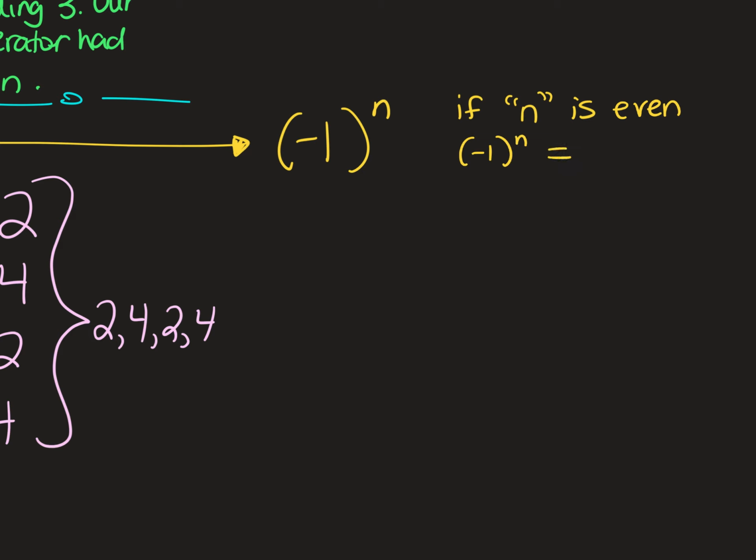If n is like 2, 4, 6, 8, 10, what's it going to be? -1 squared, -1 to the fourth power, -1 to the sixth power. It's always going to be +1, yes. If n is even, we're always going to get +1. But if n is odd, then -1 to the nth power is going to be what?